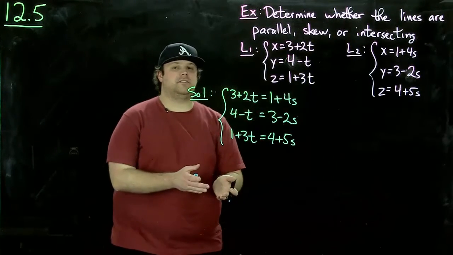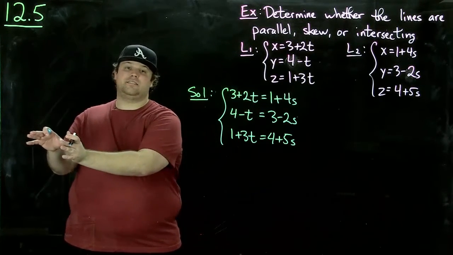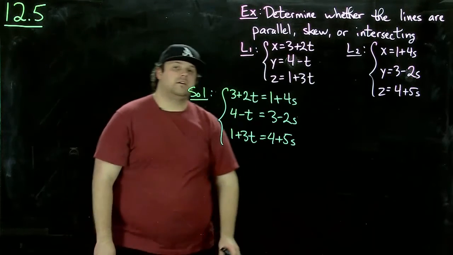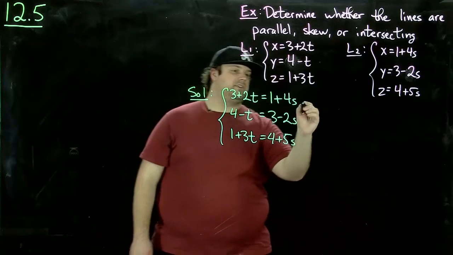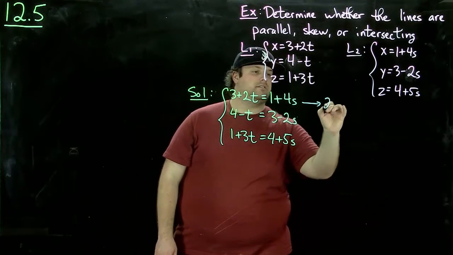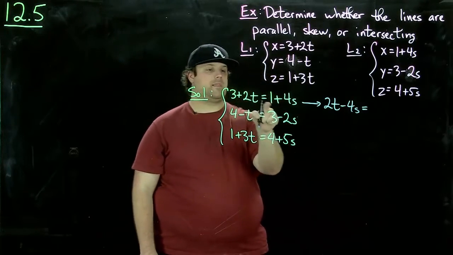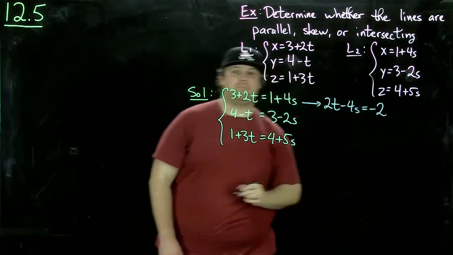So what we're going to do is move all the t's and s's to one side, and then the rest of the stuff to the left. So in this first equation, we'll get 2t minus 4s is minus 2. Okay?